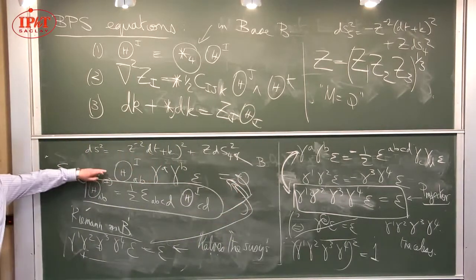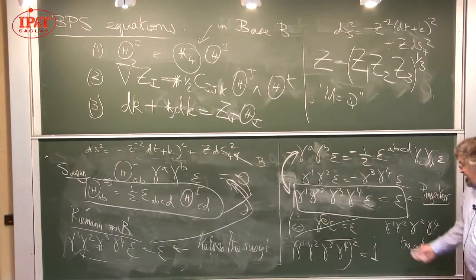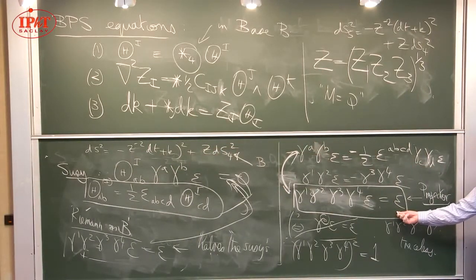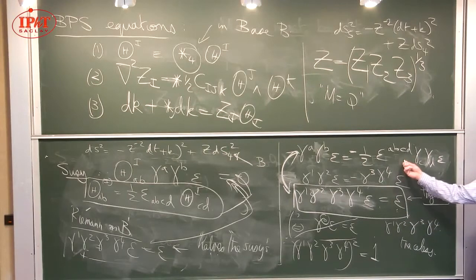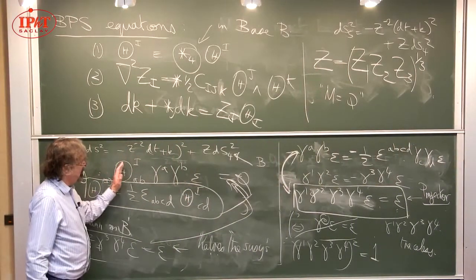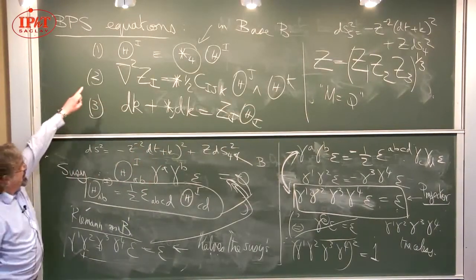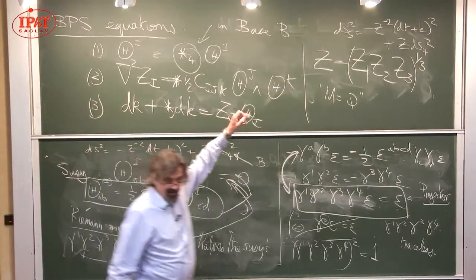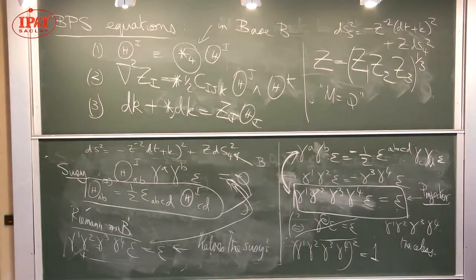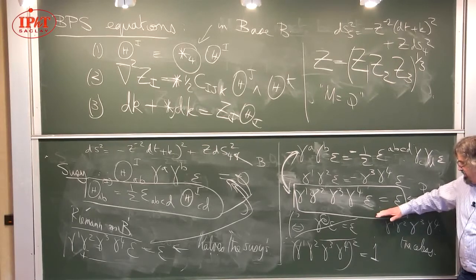So in other words, supersymmetry tells you you've got to have this. The way you get it is you impose this projection condition on the spinor, which gives you this identity. You put that identity in here, and you get this plus its dual acting on epsilon as epsilon. So the way you satisfy it is by requiring that. So the self-duality of theta is imposed on you by supersymmetry, and it comes about by imposing this projection condition.